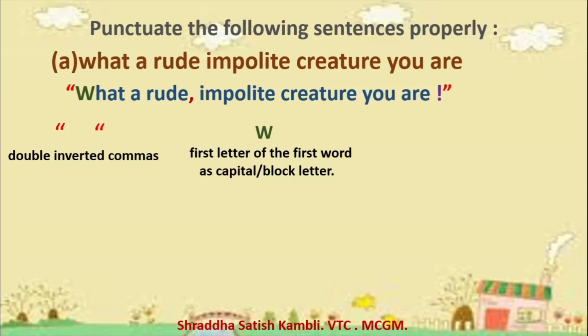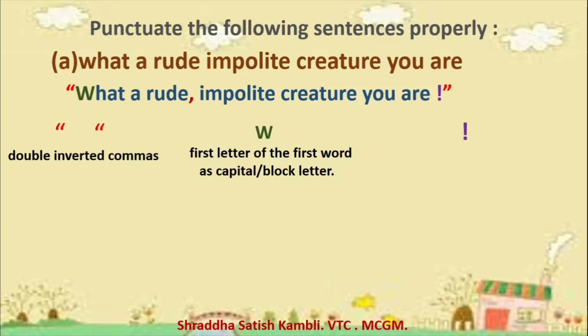Why? Because we are saying rude also and we are saying impolite also. That is why we added a comma there. Can you see a comma in red? Finally, we have also added an exclamation mark towards the end of the sentence. Why have we added an exclamation mark over here and not a full stop? Because this sentence is said with a lot of feeling. You're very angry and you're saying, "What a rude, impolite creature you are!"